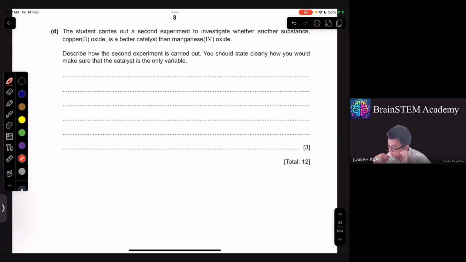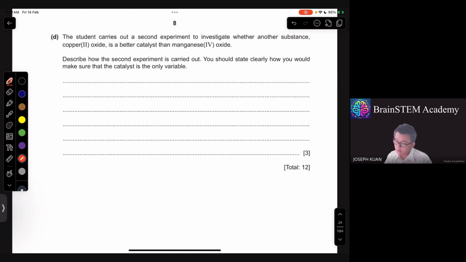Moving on, the student carries out a second experiment to investigate whether another substance, copper 2 oxide, is a better catalyst than manganese 4 oxide. Describe how the second experiment is carried out. You should clearly state how you would make sure that the catalyst is the only variable. So this is our clue here.